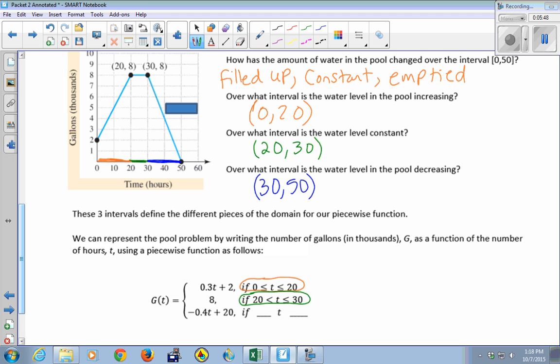T is between 20 and 30. Have the formula y equals 8. And then when you use the blue domain, you use that last formula, negative 0.4t plus 20. So what is the blue domain? How do I write it as an inequality? Yep. Perfect.